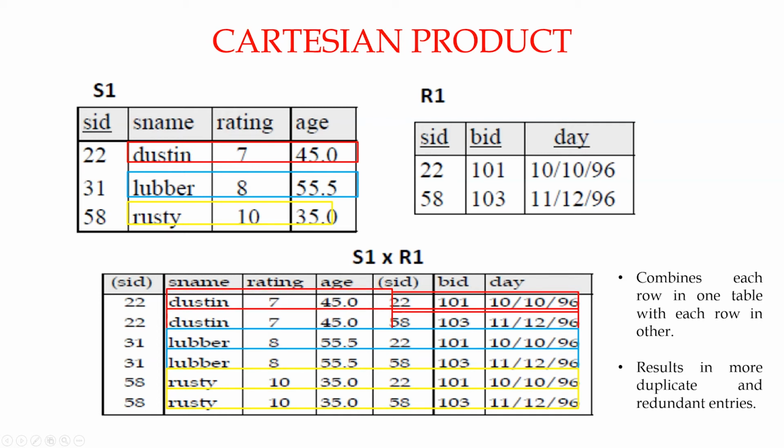This entry is combined with the first entry and displayed here. Again, the first entry of student 1 is combined with the second entry of student 2. Likewise, each entry of student 1 is combined with each entry of student 2, and in the resultant table you can see there are so many duplications and redundant entries occurring here. So, Cartesian product is mostly not preferable.